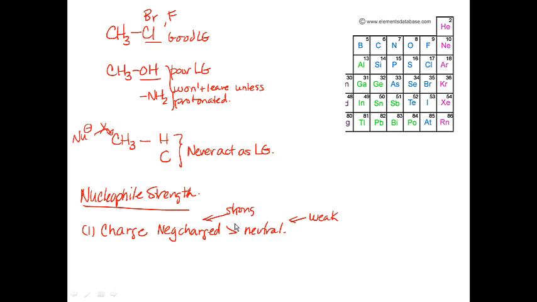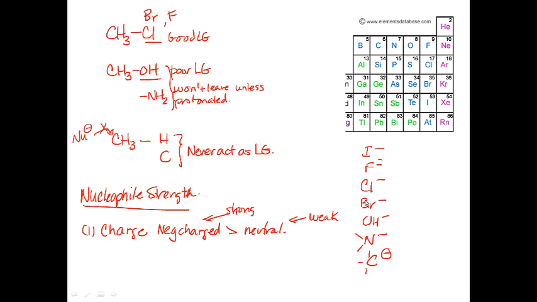So what kinds of strong nucleophiles are we talking about? Well, we could be talking about Cl minus, Br minus, OH minus. We could be talking about an N minus, or we could even be talking about a C minus, or F minus, or I minus.